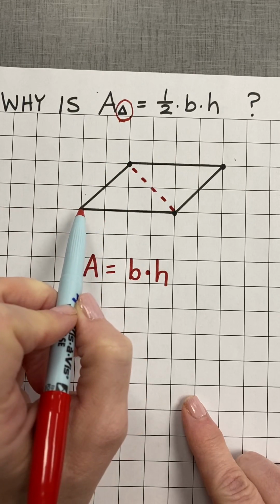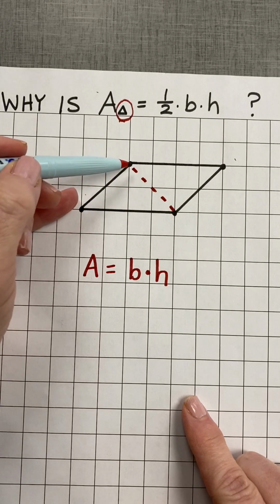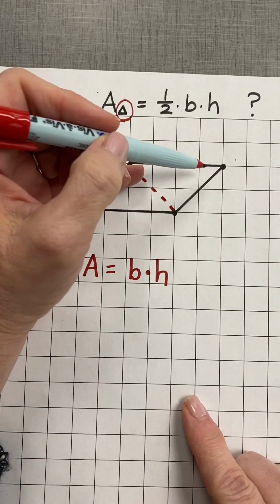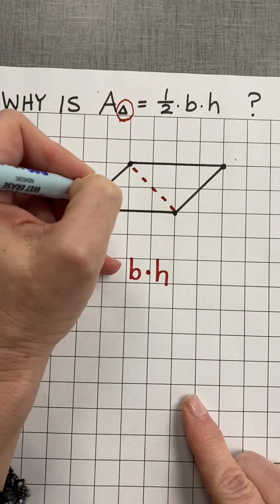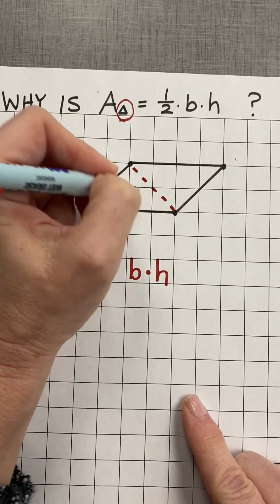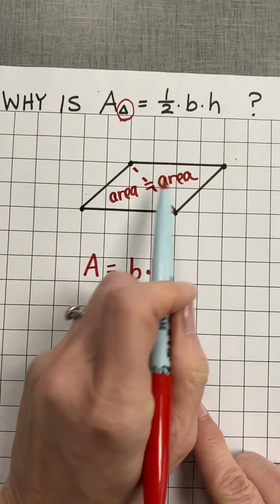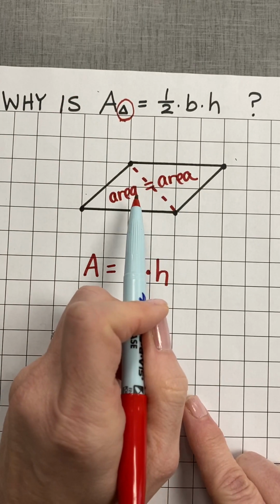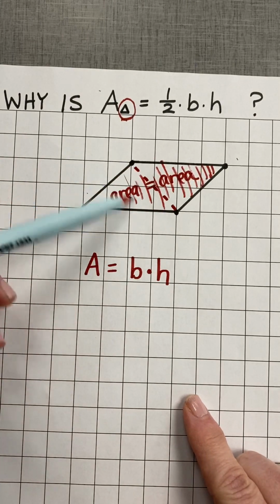You can see here the base is 1, 2, 3, 4. My height is 2. Same over here, 1, 2, 3, 4. Height is 2. So if this area is equal to this area, then each of those is exactly half of the whole area of the parallelogram.